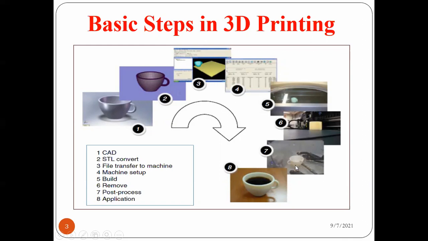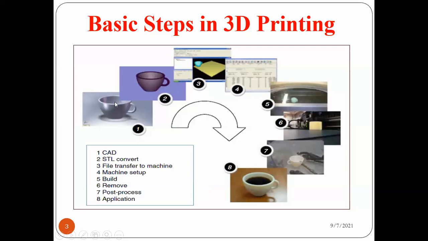Any post-processing techniques are required if you want to improve the characteristics of the 3D printed component, and you can do that in the post-processing techniques. Lastly, we use our product in our applications. These are the sequence of steps to create a model in 3D printing technology.